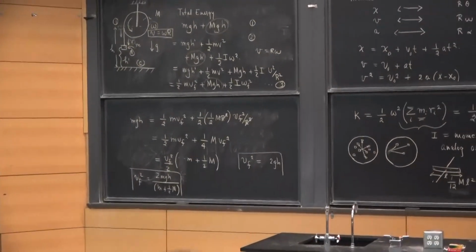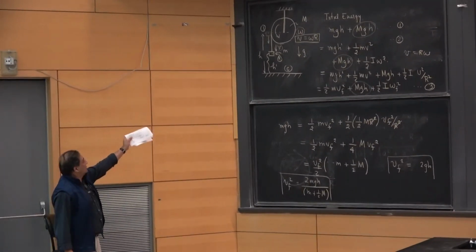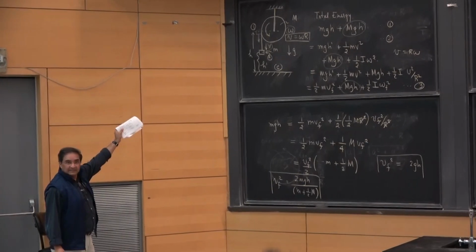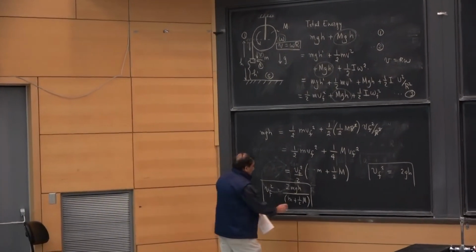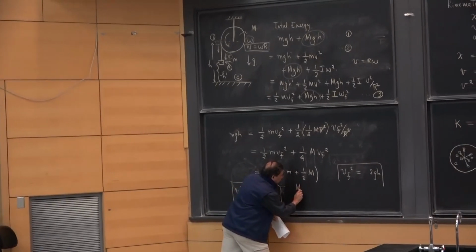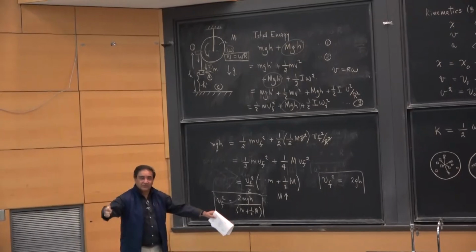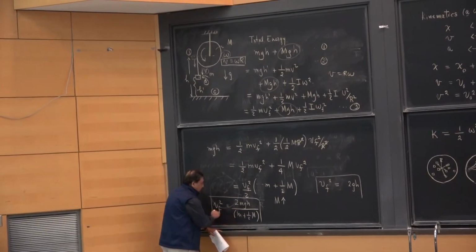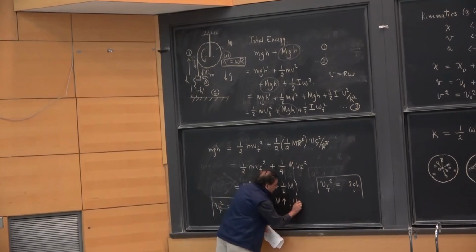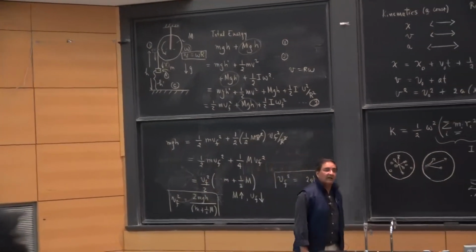Well, the physics itself is far richer because the mass of this wheel comes into the picture. If this mass of the wheel, big M, goes up, in other words, you have a more massive, larger wheel, the denominator goes up, which means that your final velocity associated with the mass hitting the ground goes down.